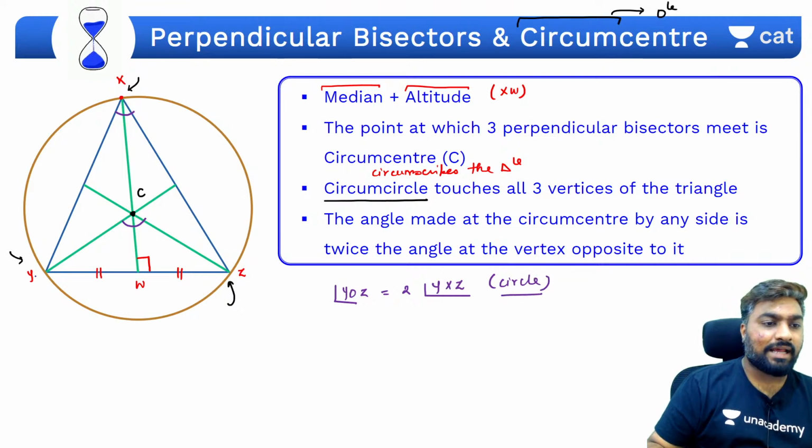Yes, that an angle formed at the center of a circle by any chord or any arc, कोई भी आर्क से, यहाँ पे YZ जो है ये एक आर्क बन रहा है, नहीं तो कोई भी आर्क से अगर आप सेंटर पे एक एंगल बनाते हो, यस, तो उसका हाफ एंगल आप कहीं पर भी सर्कल पे लगाओगे, सर्कल पे कोई भी एक पॉइंट पे आप एंगल बनाओगे सेम आर्क से, तो उसका हाफ रहेगा. Yes, ये सर्कल की प्रॉपर्टी है.